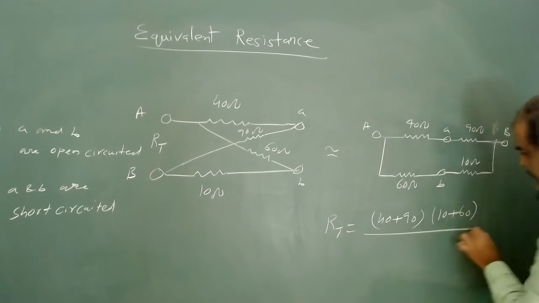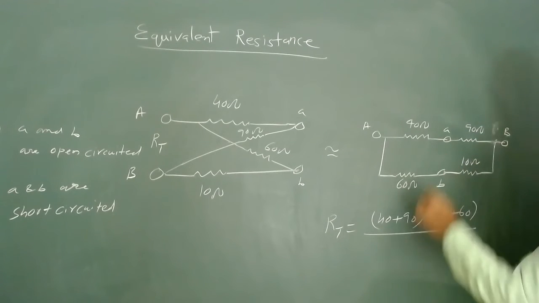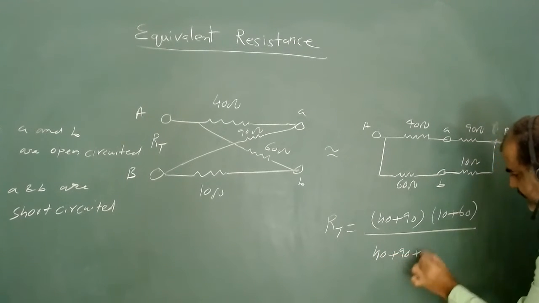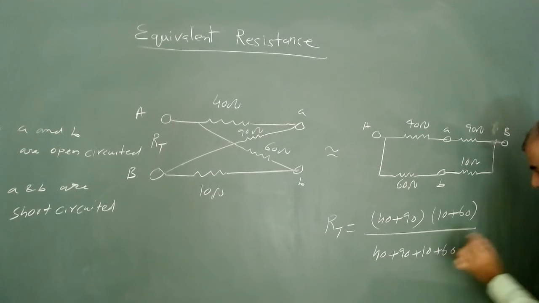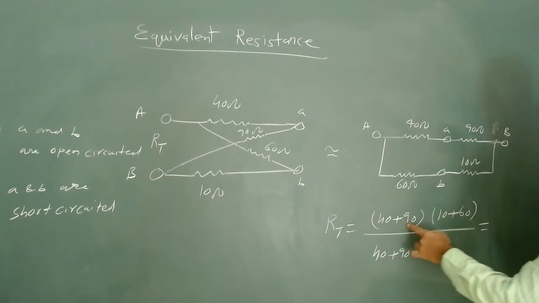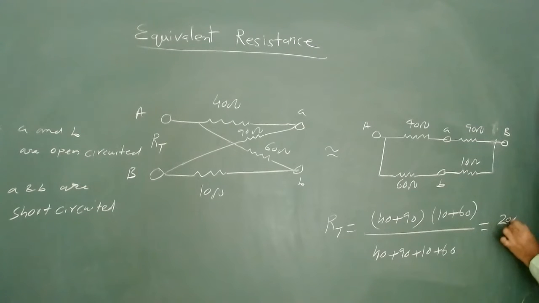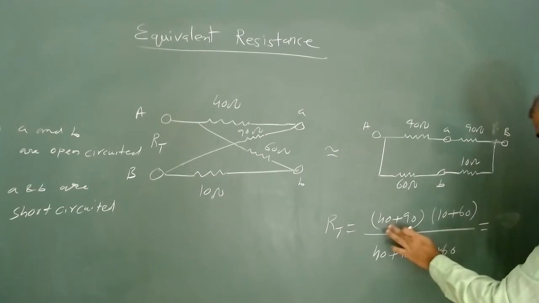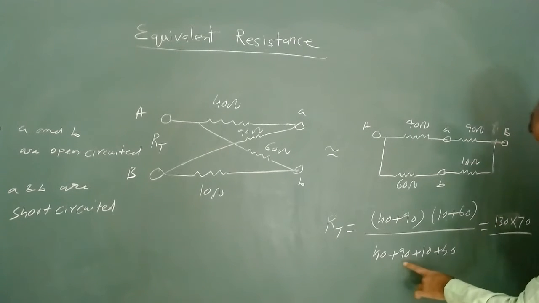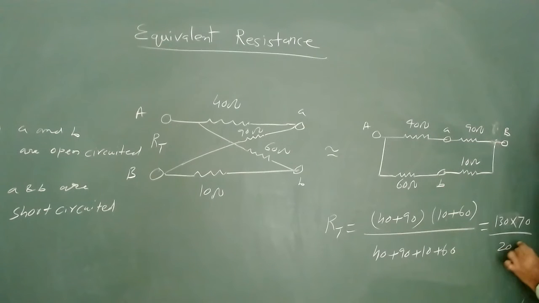Now these are all in parallel, so it will give (40 plus 90) into (10 plus 60) upon (40 plus 90 plus 10 plus 60). Now 40 plus 90 is 130, and this becomes 70, and the total becomes 200.